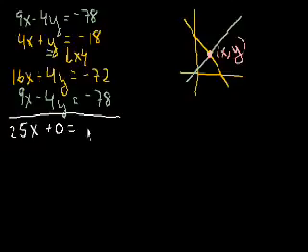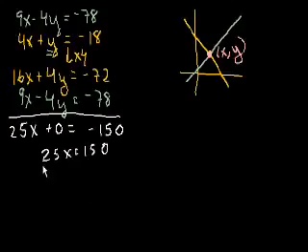So that's minus 150. We're just adding them all together. So we have 25x equals minus 150.